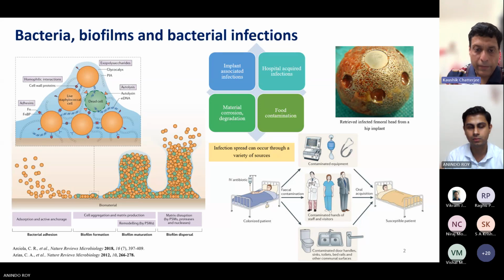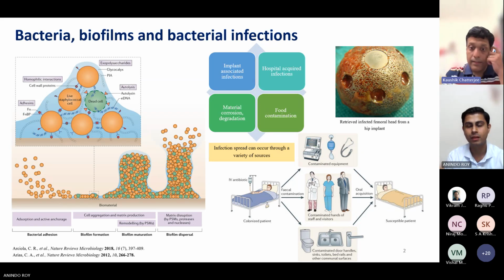Also, what I forgot to mention is that the biofilm becomes a source of bacterial cells spreading into secondary locations, so you want to minimize that. You can see this image on the right, where there's a retrieved femoral head of a hip implant with a bacterial biofilm formed on its surface.